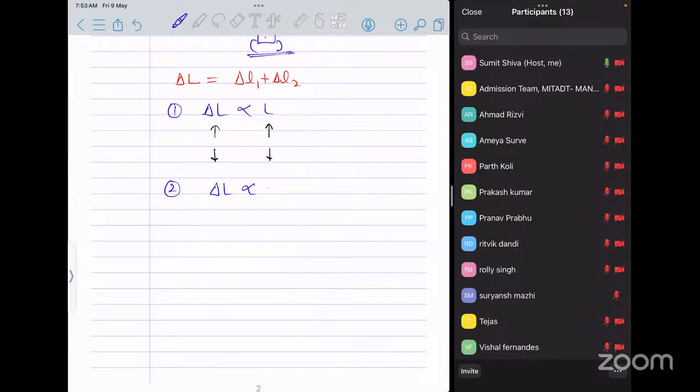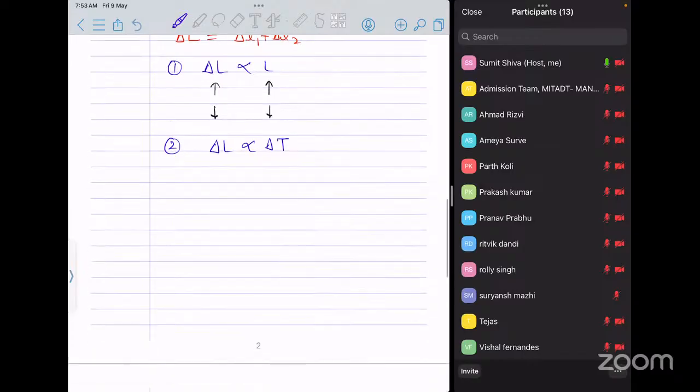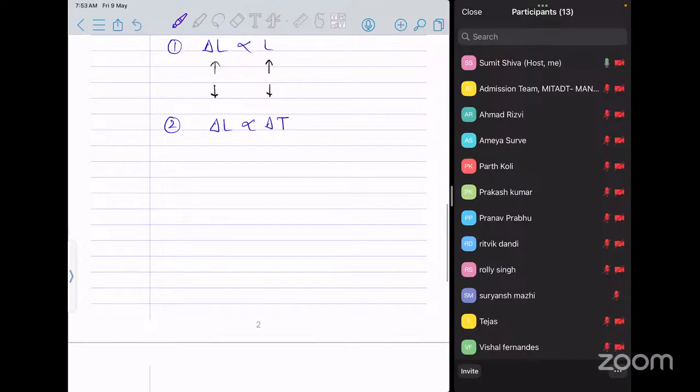Delta L is directly proportional to delta T. Remember, it's not T, it's delta T, which implies that you have to check the difference in temperature or change in temperature. Greater change means greater change in dimension, and if there is less difference in temperature, length will change by a small amount.